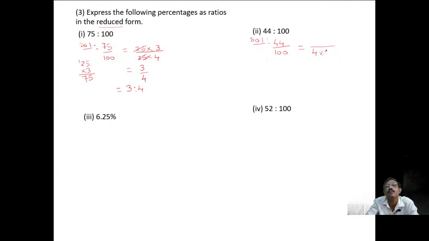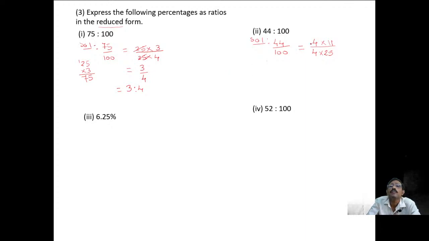So 4 into 25 gives me 100. Now, can I use the same 4 here and multiply it with a certain number which when multiplied will give me 44? Yes, 4 elevens give me 44. 4 multiplied by 11 gives me 44.